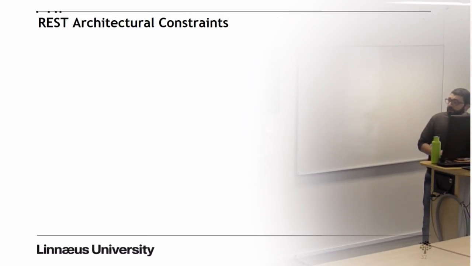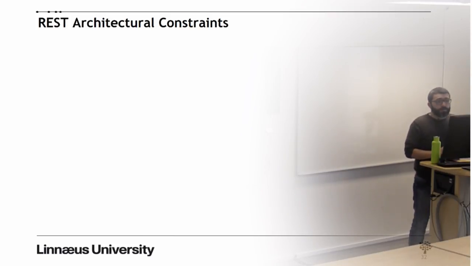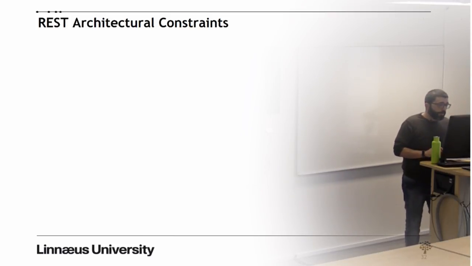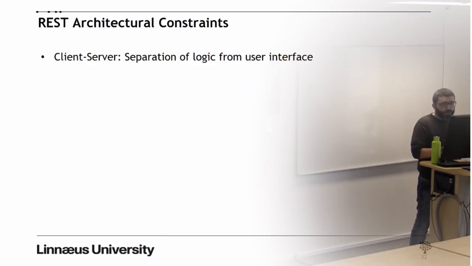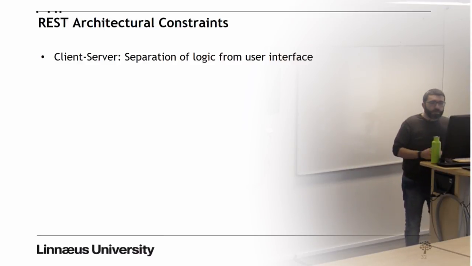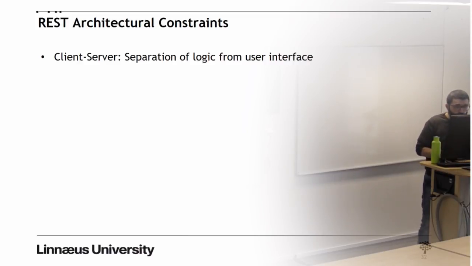So, which are the architectural constraints behind a REST architecture? First, client-server. There is a clear separation between the client, which is the user interface, and the logic that implements the real application.